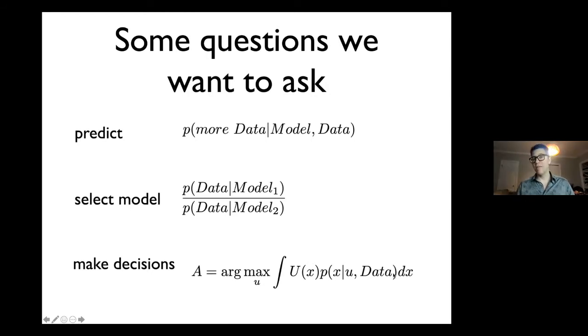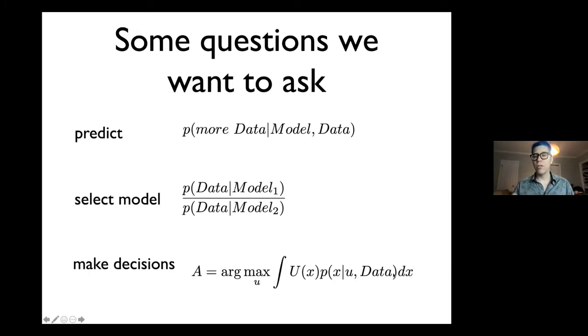That can specifically mean what's the probability that I will hit the target, given that I choose to go in some direction and what I just saw. We can use similar ideas to choose models, where you can say, I have two models, model 1 and model 2. I calculate the probability of the data that I have given model 1, and the probability of the data given model 2. I prefer the model that's better at explaining the data.